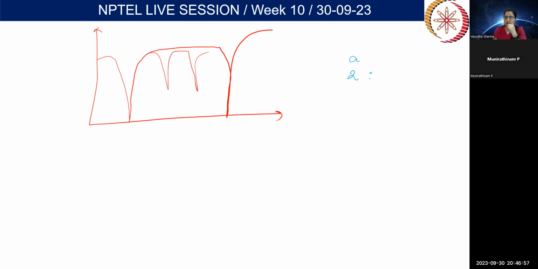A1's for 2:1. So which spectra is for A iron and which spectra is for B iron? This I will make it with this blue color. This is blue shaded.